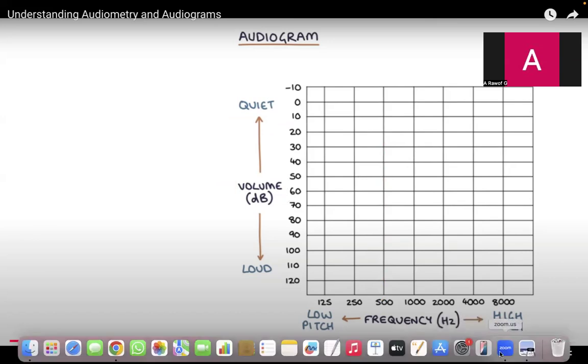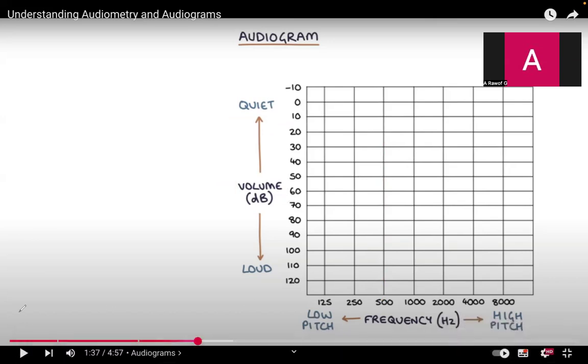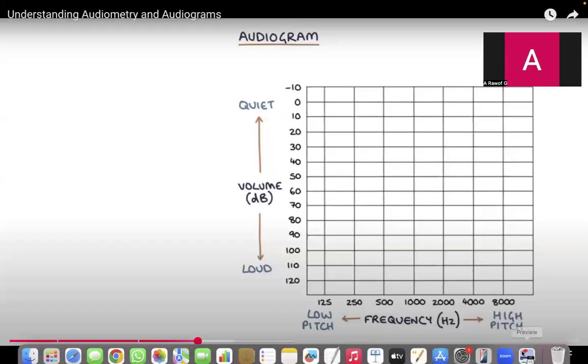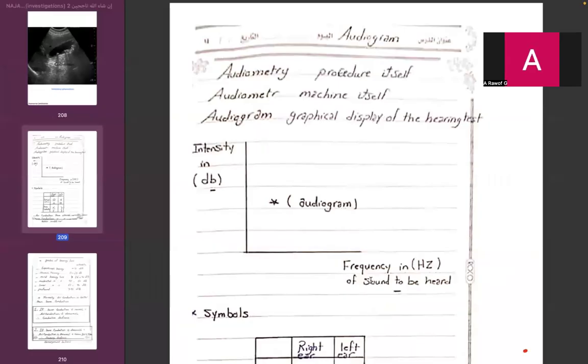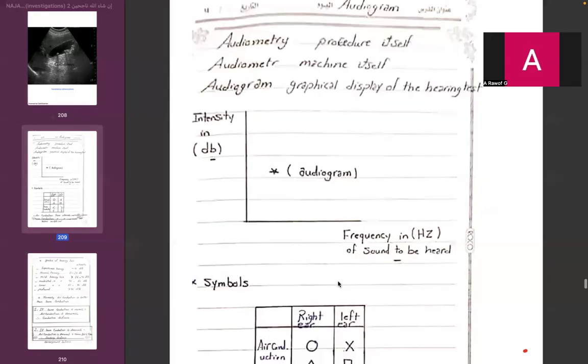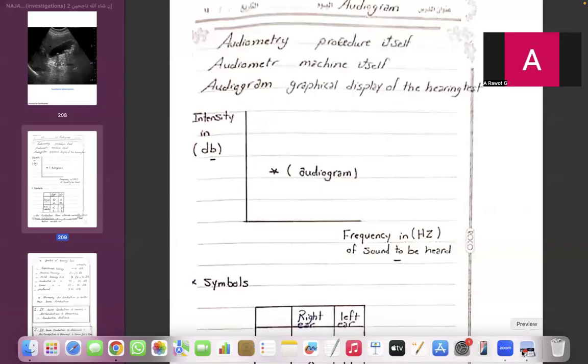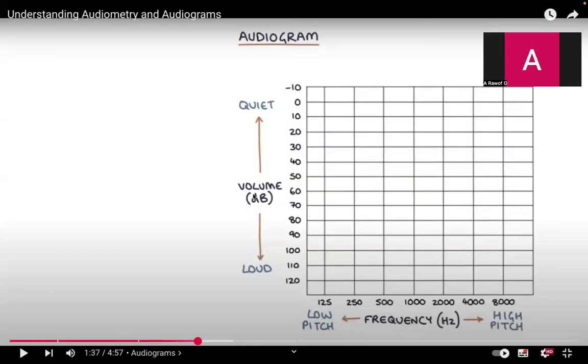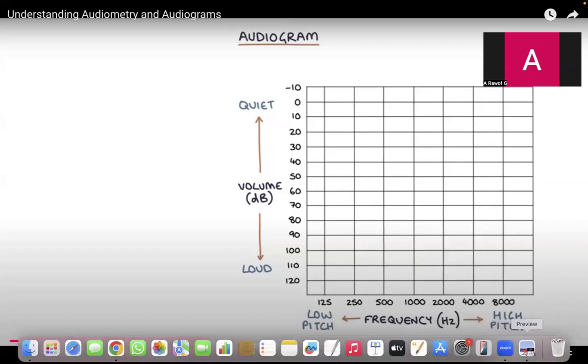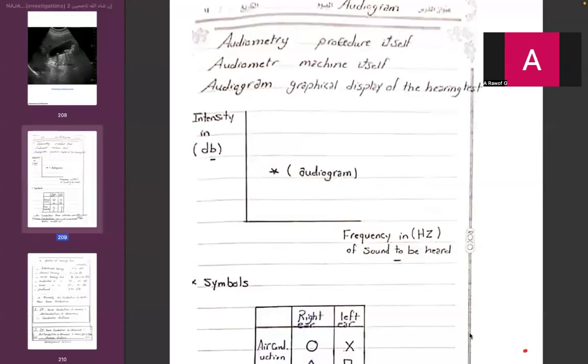Okay, so this is the frequency in hertz of the sound that is played on the x-axis, and the intensity you hear, whether it's quiet or loud, is on the y-axis.